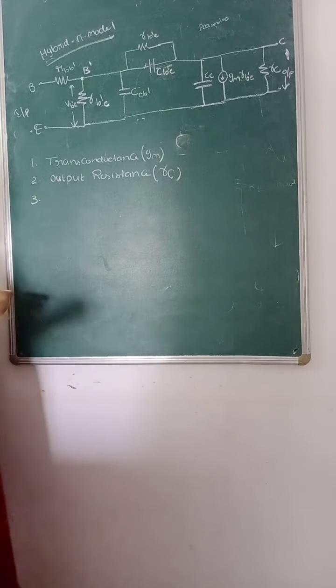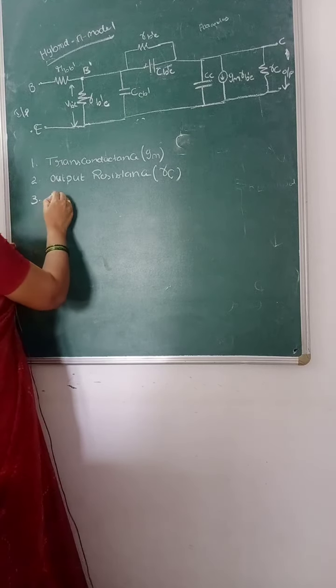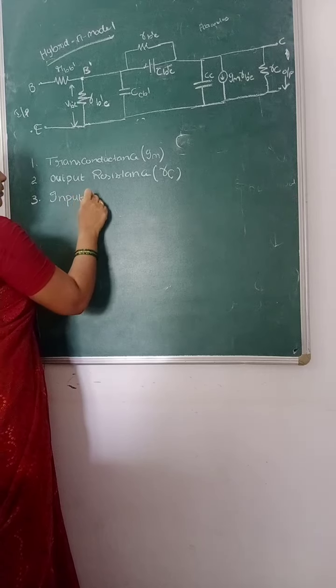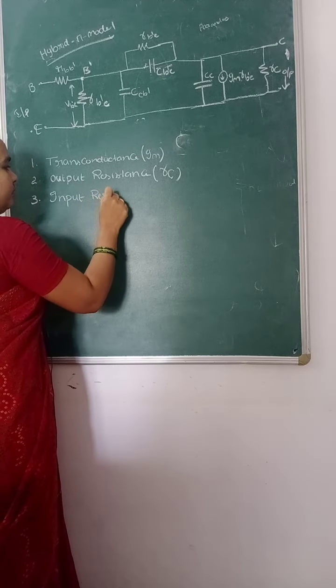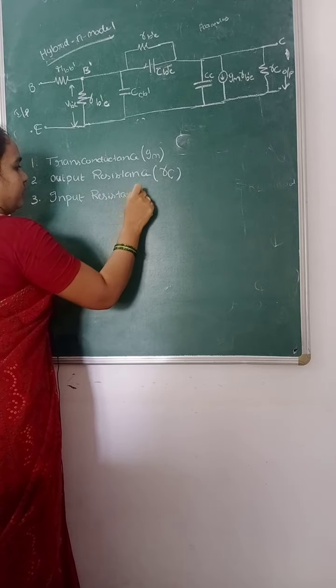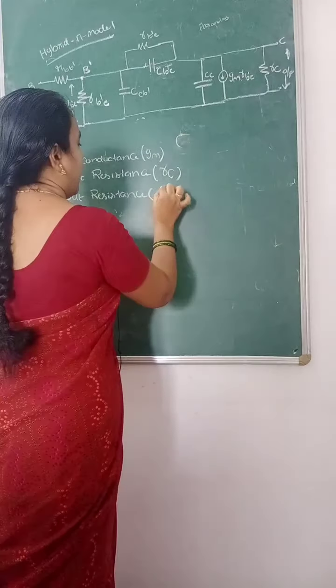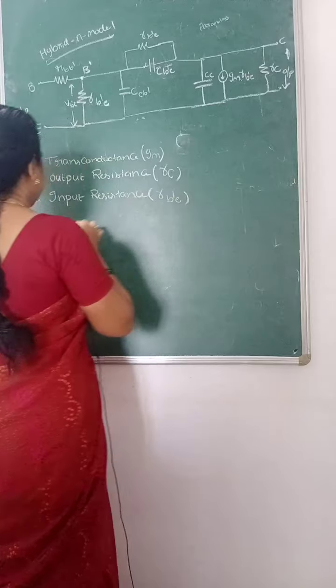And the third property is input resistance. Here the input resistance is RB dash E.